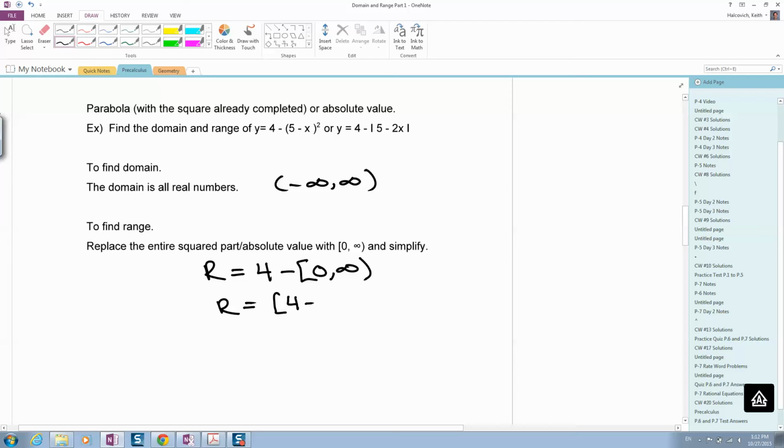So 4 minus 0 and 4 minus infinity. Now, 4 minus 0 is 4. 4 minus infinity is negative infinity. And so just rewrite it so the negative infinity comes first. So it's greater than or equal to 4 for the range.